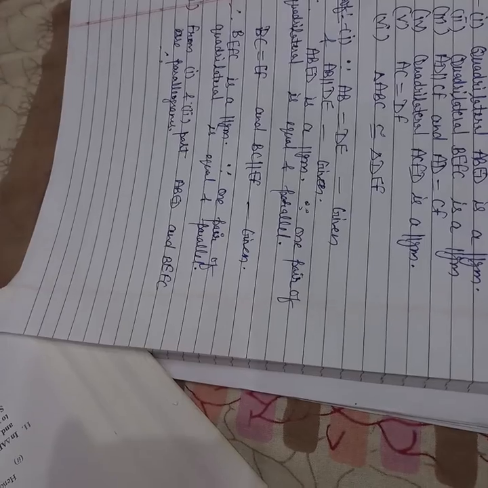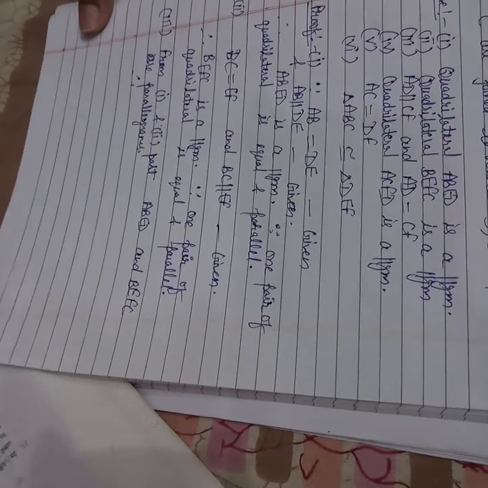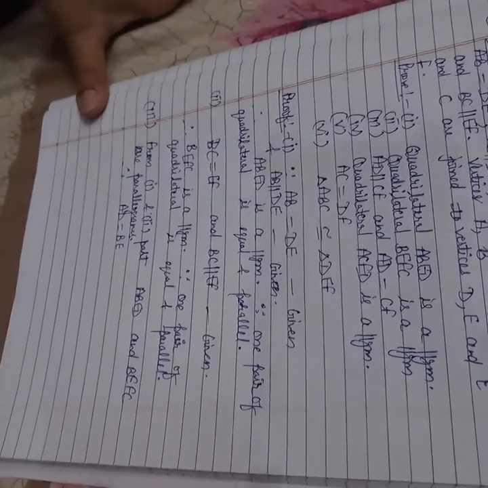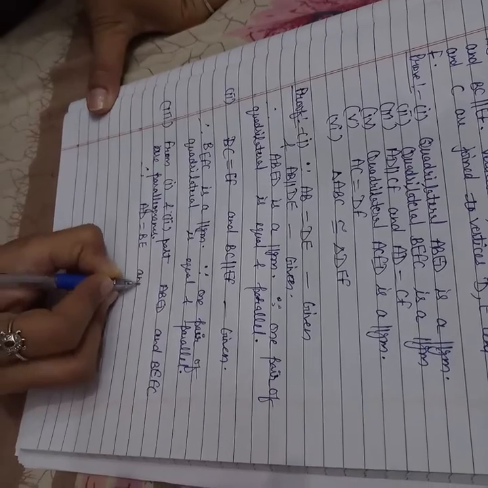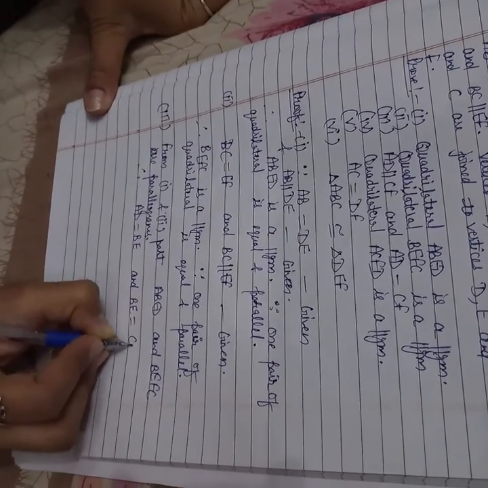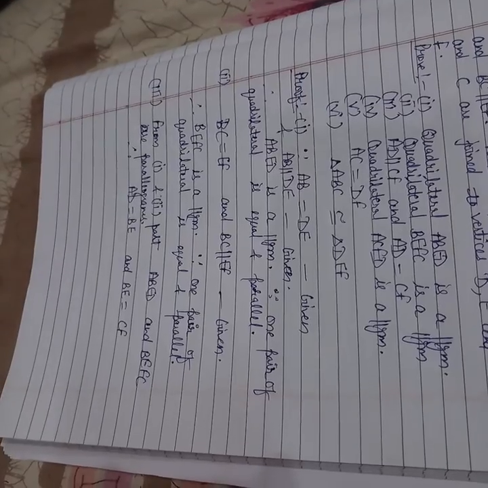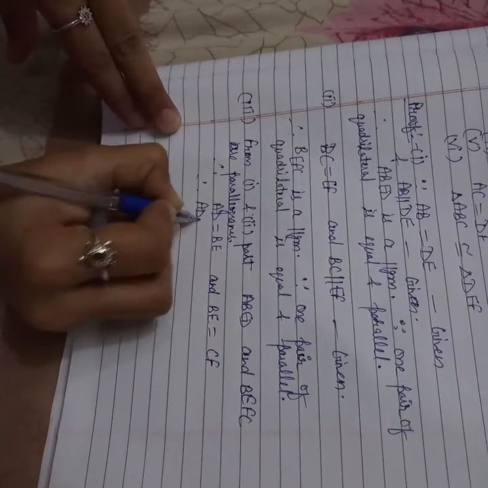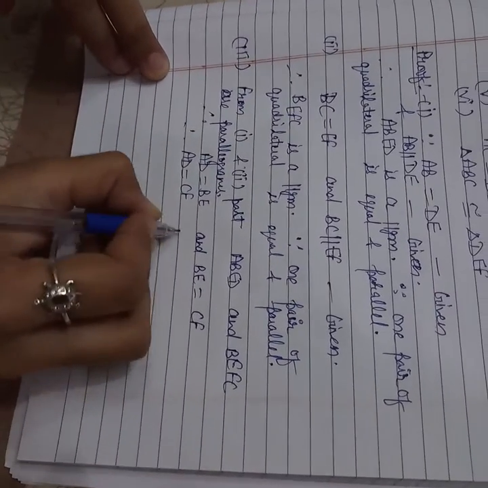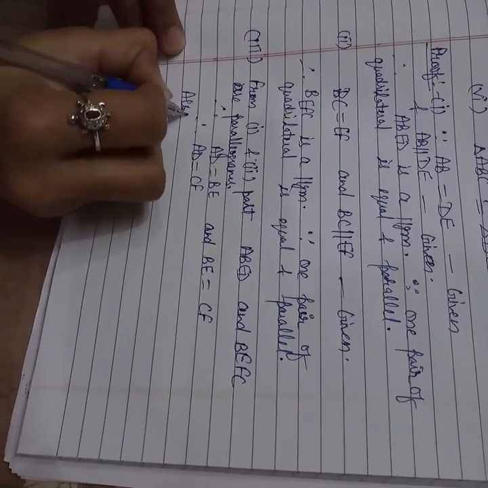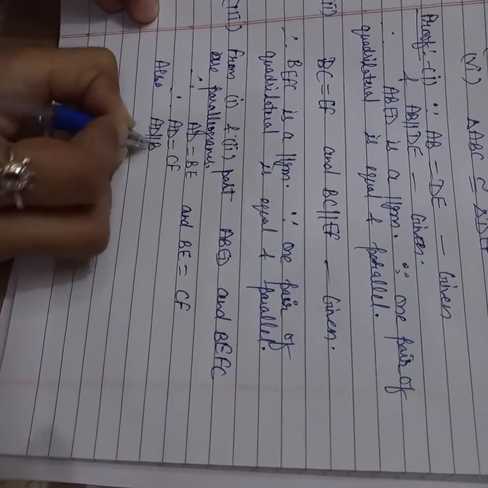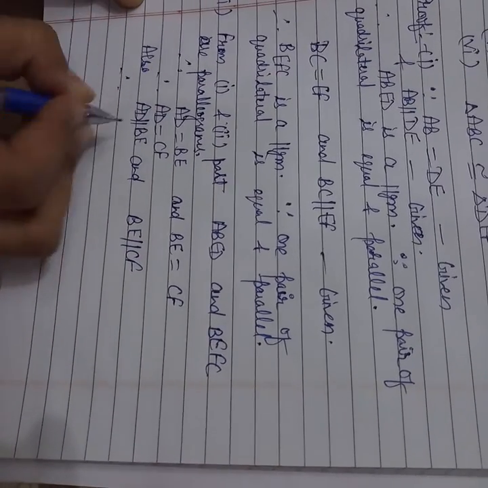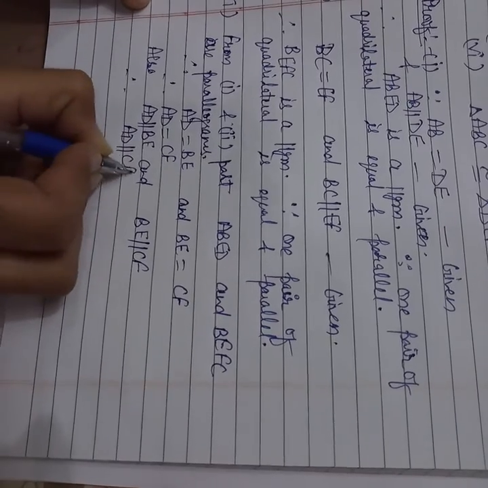Therefore AD equals to BE and BE equals to CF. Therefore AD equals to CF. Also AD parallel to BE and BE parallel to CF. Therefore AD parallel to CF.